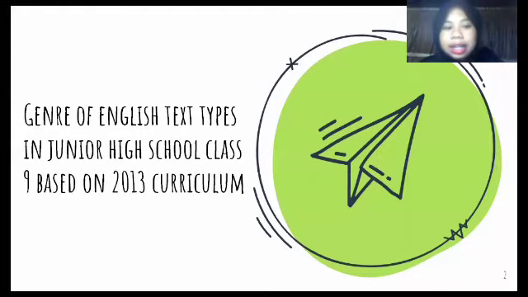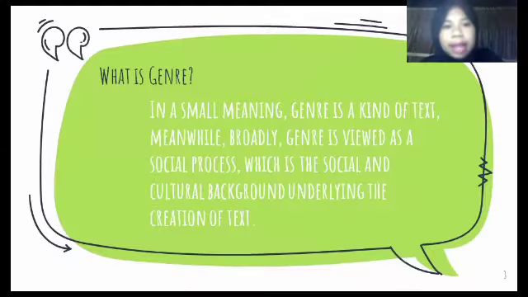Okay, now here I'm going to explain a part of the genre of English text types in junior high school class 9 based on the 2013 curriculum. Okay, before that, what is genre?